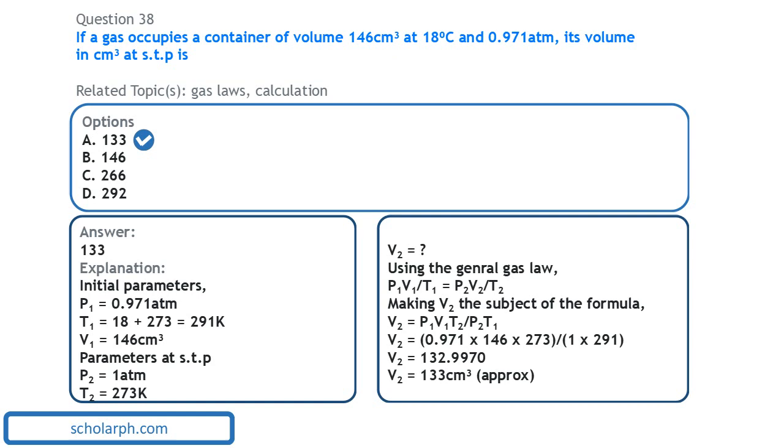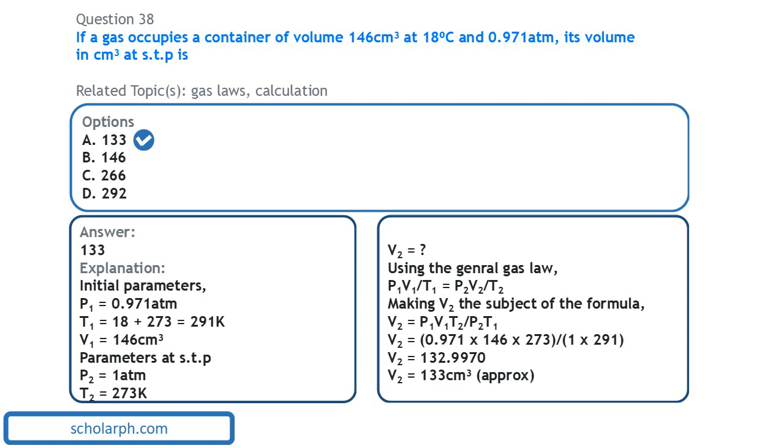To make V2 the subject of the formula, we will cross multiply: the T2 at the denominator we take to the numerator, while the P2 at the numerator we bring down to the denominator. So V2 is equal to P1V1 multiplied by T2 over P2 times T1.